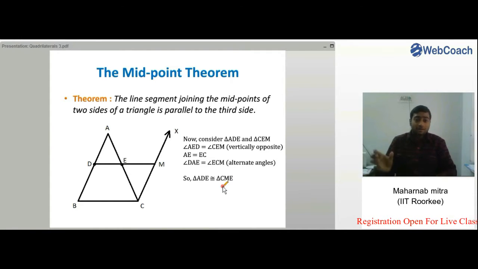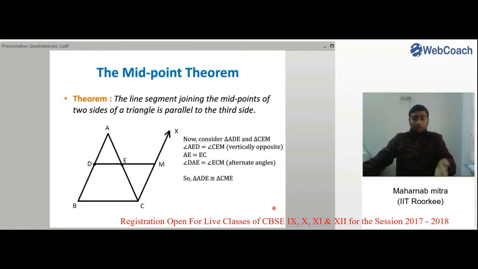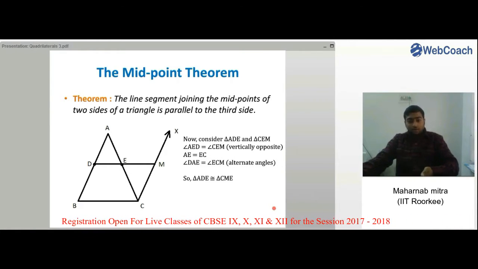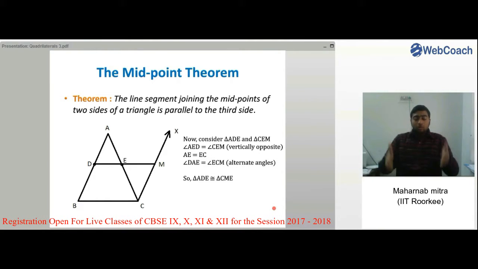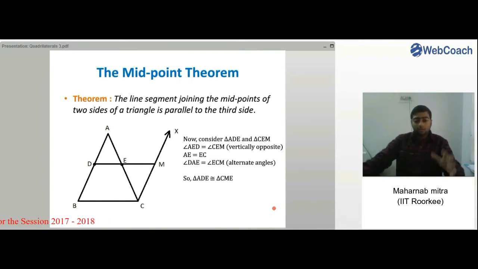From this you can see A we can overlap on C, D we can overlap on M, E we can overlap on E itself, right? So we should always write congruency of two triangles in the same order as they can overlap onto each other. So triangle ADE is congruent to triangle CME.